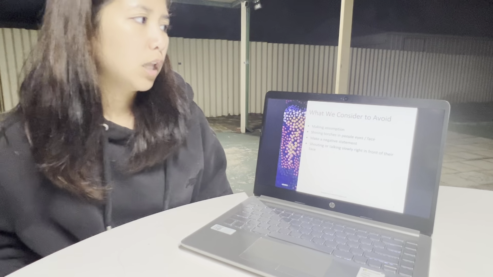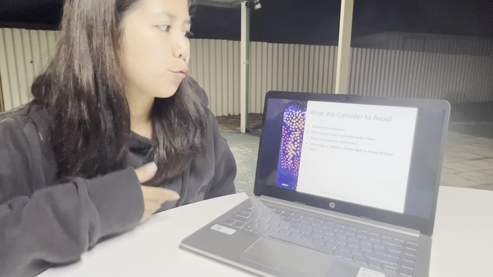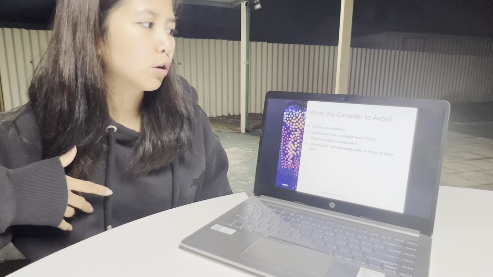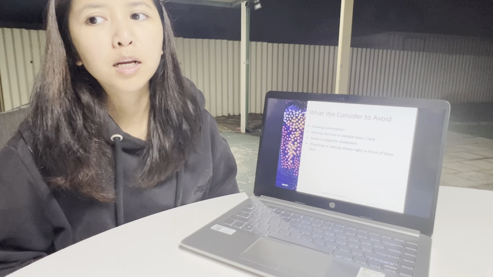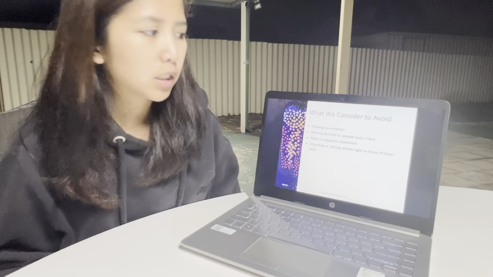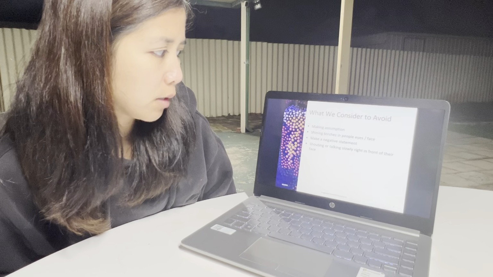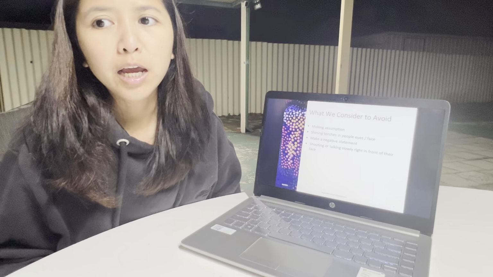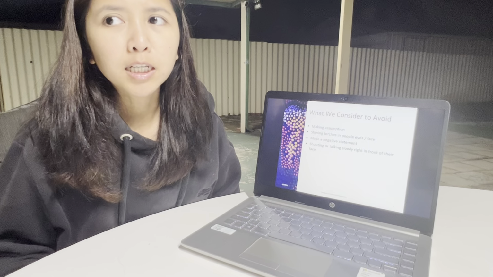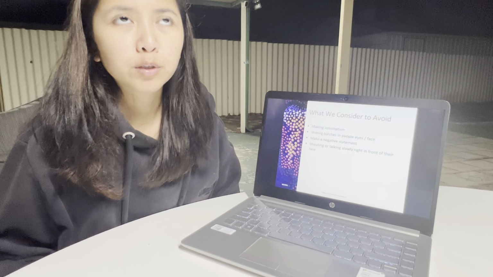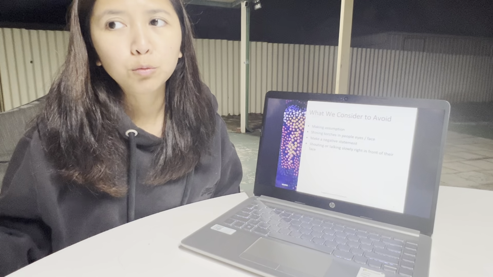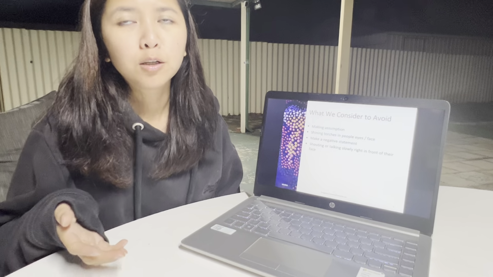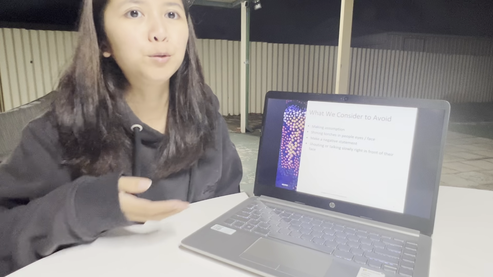So I added another slide about what we have to consider to avoid. It's making assumptions, which is the same as assumption or judgment. For example, we think that First Nations people or the stolen generation, we know what they need, but we just have to work together to figure out what they need.